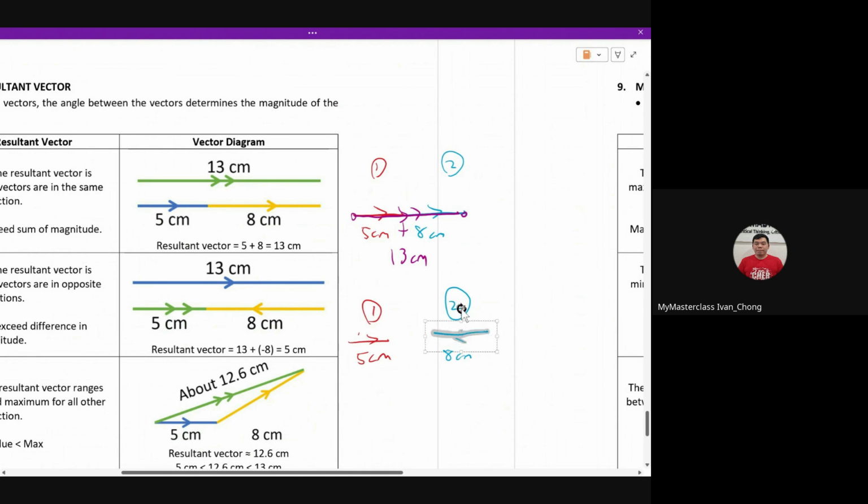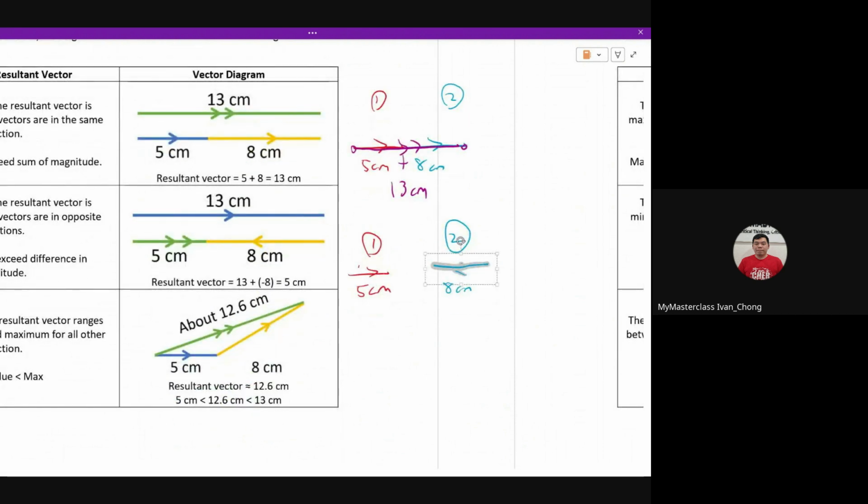So what I mean by this is, if I start here, 5 cm, and then I draw from here, 8 cm backwards. So where's my start? My start is here, my end is here. You end up with a resultant vector of this, which is 3 cm. Basically, you will just end up in opposite directions. You will take 8 minus 5, which is 3 cm to the left.